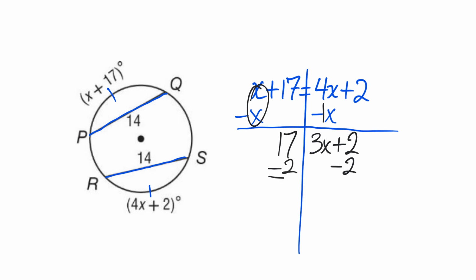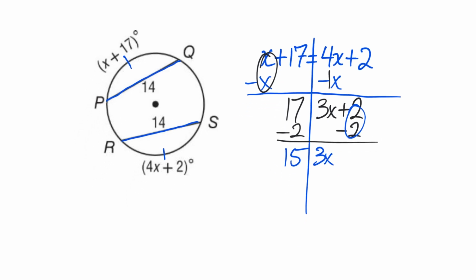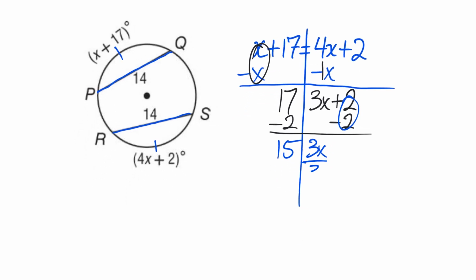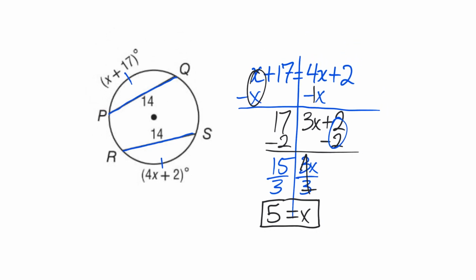Subtract 2 on both sides, because now I'm trying to just get that x by itself. So those 0 out. This gives me 15 equals 3x. Divide by 3 on both sides. 15 divided by 3 is 5.